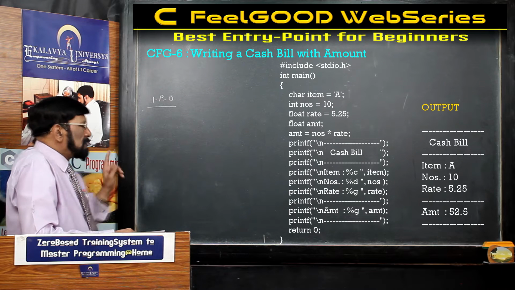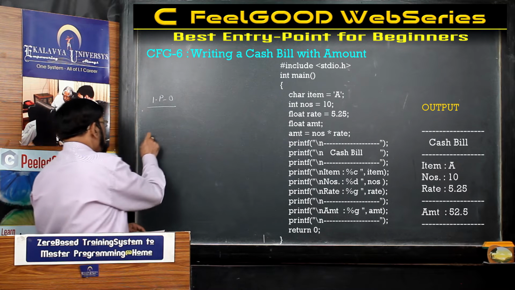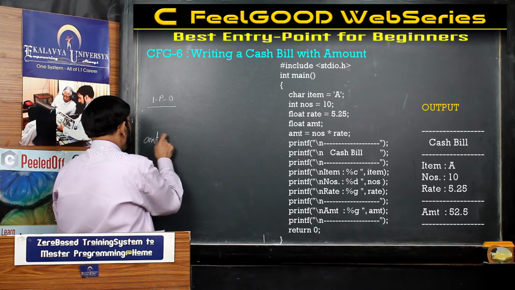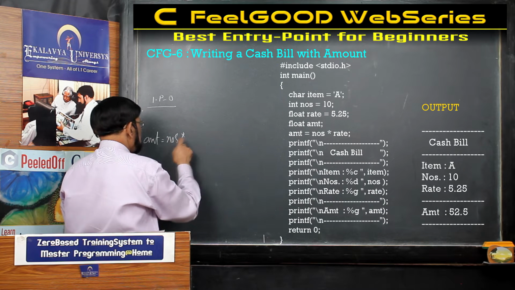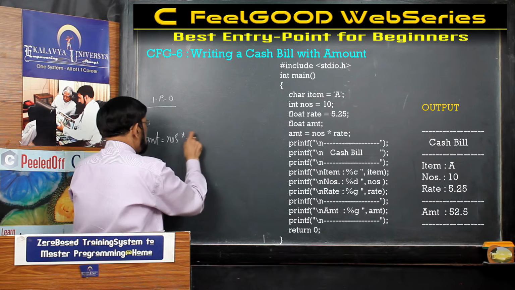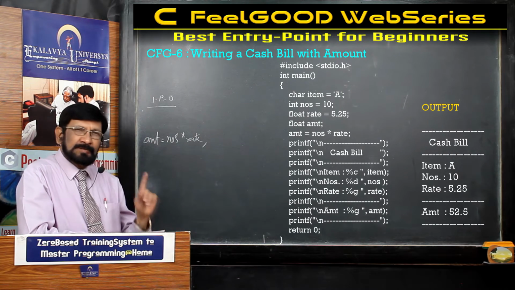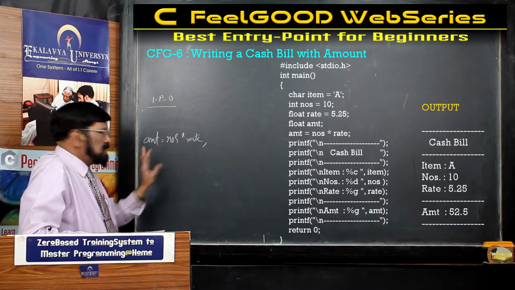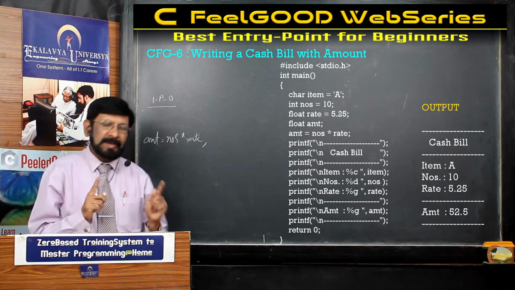Now the processing section. After the input section, I have written the processing section. How did I write it? Amount is equal to numbers, for multiplication purpose the star symbol we use, next rate will come. This is the processing section. Only one formula is there. Thereafter, the output section I need not explain because I already explained it to you.